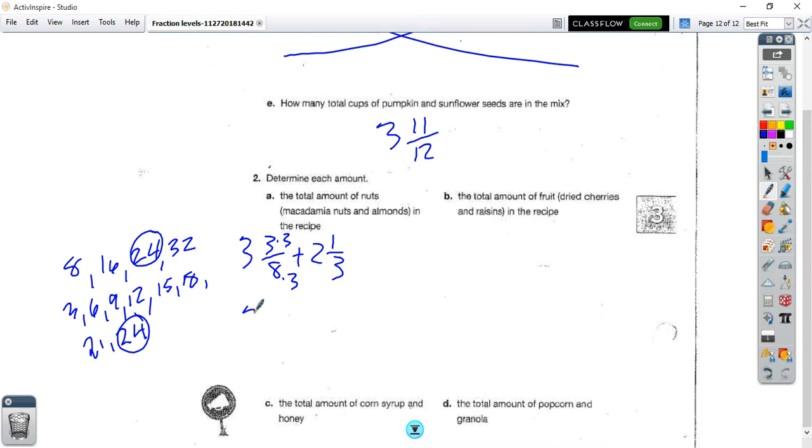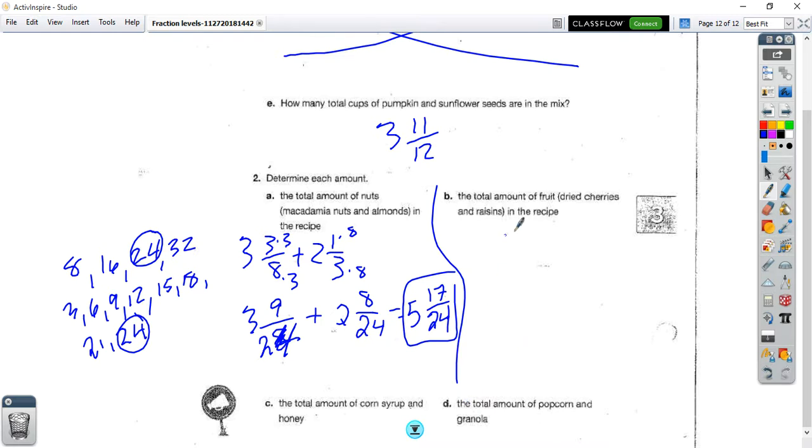So 3 times 3 is 9, so this is 3 and 9/24 plus 1 times 8 and 3 times 8. So I get 2 and 8/24. This should have been 24ths. I wrote it the wrong thing because 8 times 3 is 24. So then 3 plus 2 is 5. And then 9 plus 8 is 17/24.